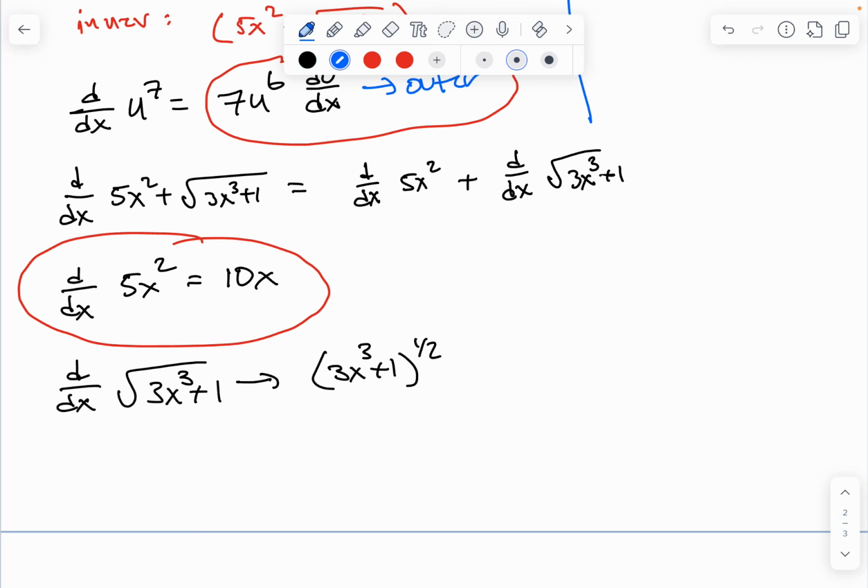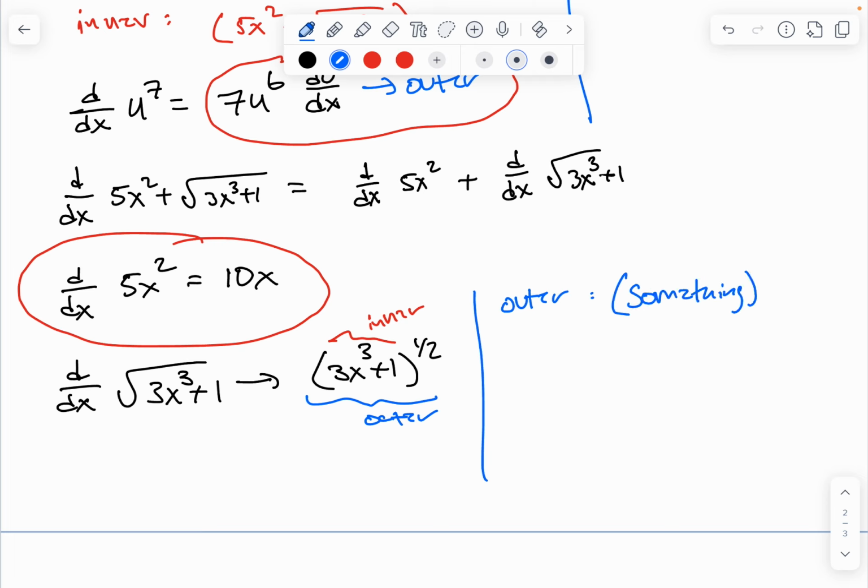So now we have the outer function, and then we have the inner. The outer is just something to the 1/2, and I'm going to say this something will be v. So I'm going to say v to the 1/2.